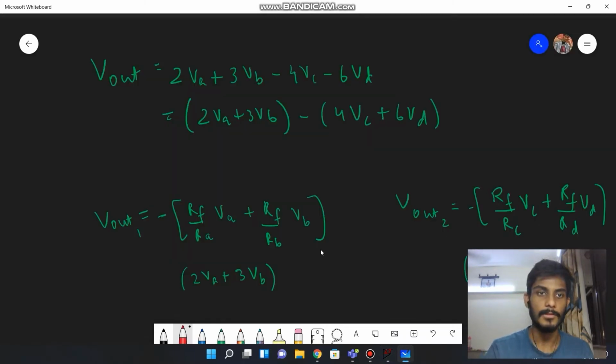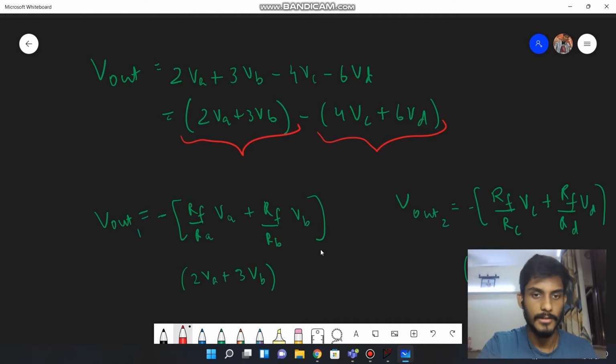Yeah, so we have the equation as this, and we can rewrite it as 2VA plus 3VB minus 4VC plus 6VD. Here we can see that this is an adder and this one is also an adder. And this is the formula for Vout in an inverting adder, minus Rf by Ra Va plus Rf by Rb Vb.